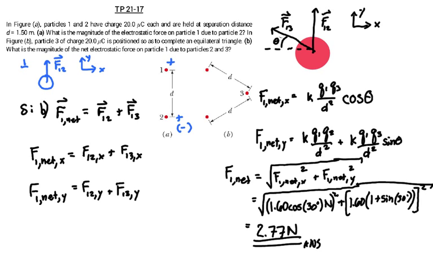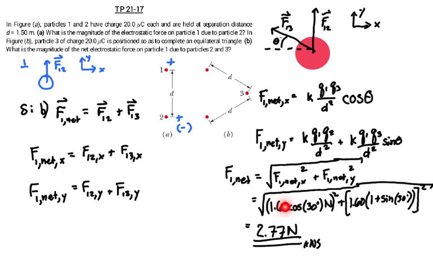As we put those in, we know that the electrostatic force on particle 1 due to particle 2 is 1.6 newtons. Well, because particle 2 and particle 3 are identical, we can use that same magnitude and break it into our components for the electrostatic force on particle 1 due to particle 3. That's what I've done here.